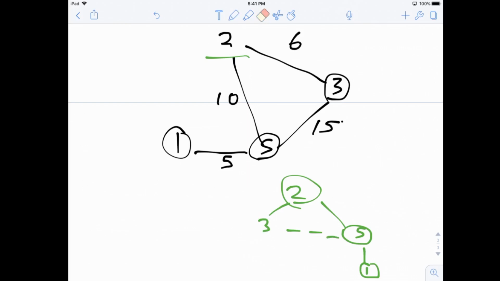Okay, so what does this give us? Because it's a BFS tree, we know the distances are 1, 1, 2, and 0. So for every back edge like this, a possible cycle length is 1 plus 1 plus 1 for this extra edge here. So our cycle length would be 3 here, because there's no other back edges.